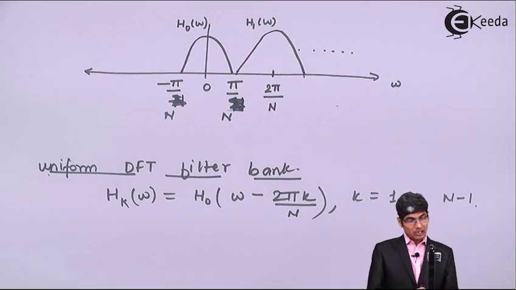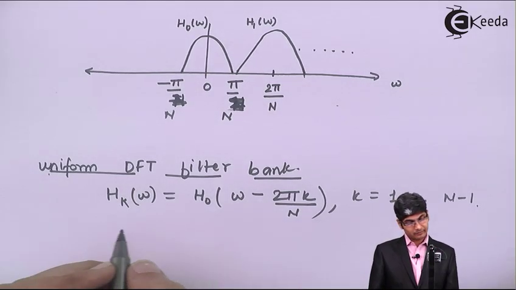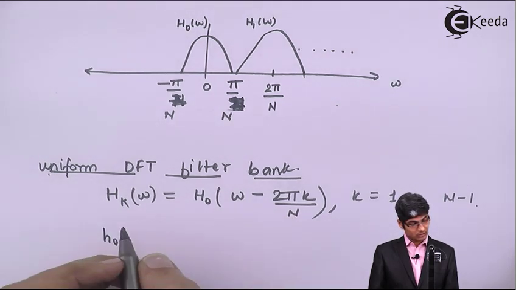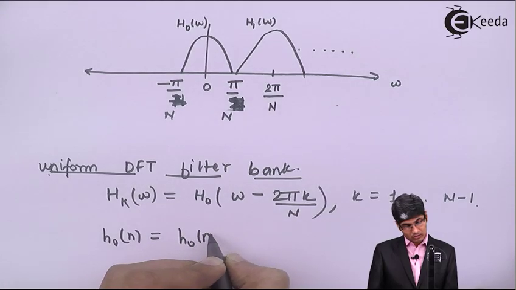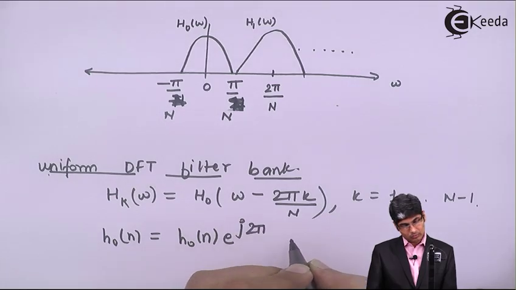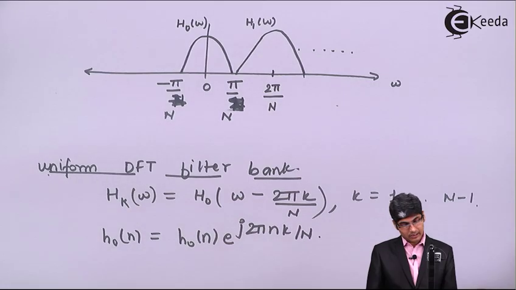If I want to write it in the time domain, then I will write hk of n equals h0 of n e raised to j 2 pi n k by n.